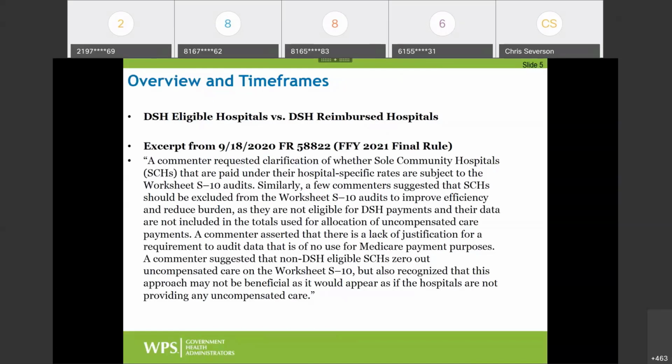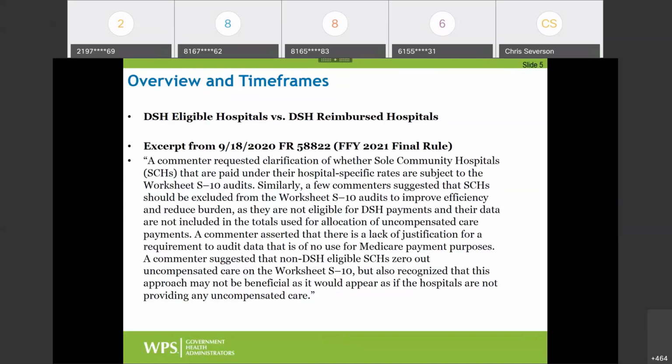Specifically, the Sole Community Hospitals come to mind, because in many cases, Sole Community Hospitals have a hospital-specific rate that is already higher than the federal rate that's going to be used that includes DISH and uncompensated care. So in those situations, one could make a pretty good argument that, why would I need to go through this S-10 audit, because I'm not really going to be paid any uncompensated care because my hospital-specific rate is already considerably higher.